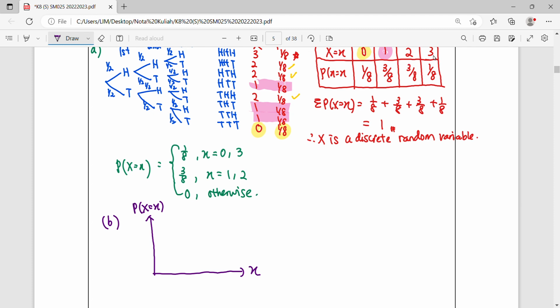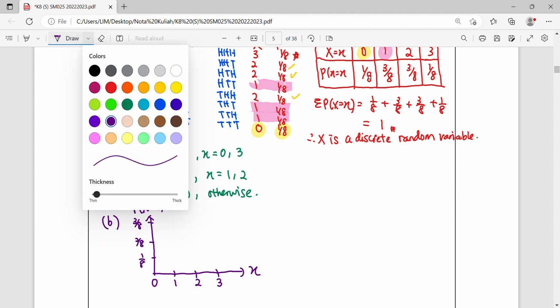What scale here? And we look at the probability here. It has 1 over 8, 3 over 8. So our scale will follow 1 over 8, followed by 2 over 8, followed by 3 over 8. The maximum that we need is 3 over 8. So in order to draw this, we draw bars one by one.